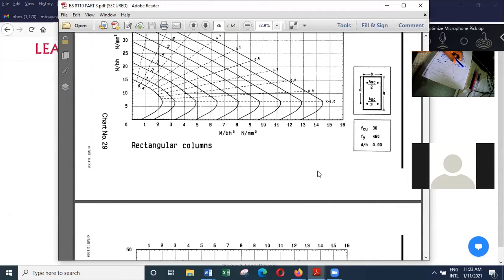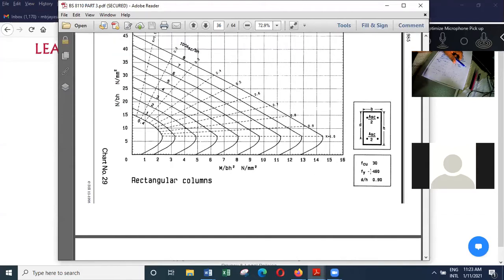Say here we are using grade 30 concrete. The reinforcement strength is 460, and the D over H ratio, where D is the distance to the center of the reinforcement, let's say is something like 0.9.